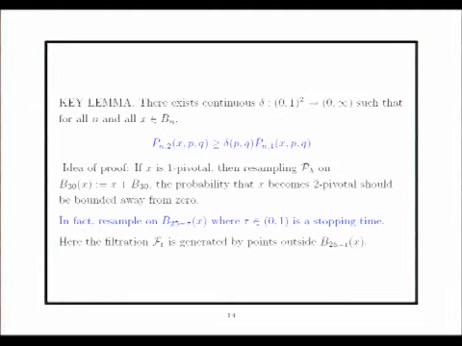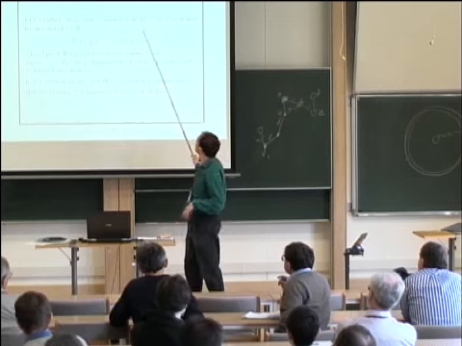Okay, so then the key lemma is that the ratio between the probability of being two pivotal and the probability of being one pivotal is strictly bounded away from 0, with this lower bound depending on p and q in a continuous way, and strictly positive for any given p and q in the unit square.